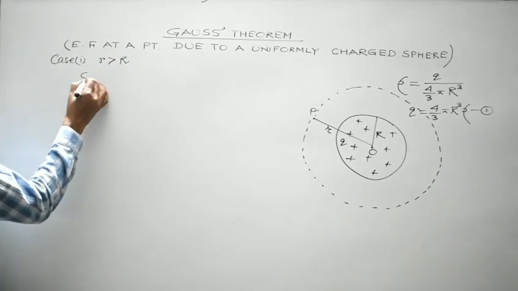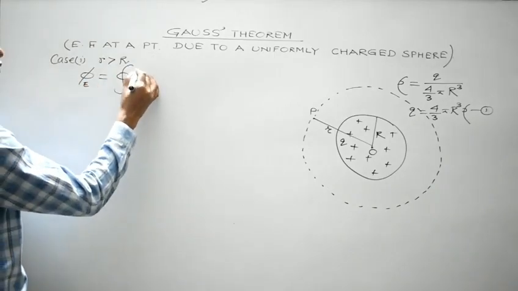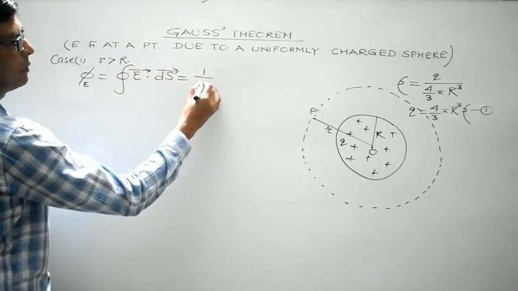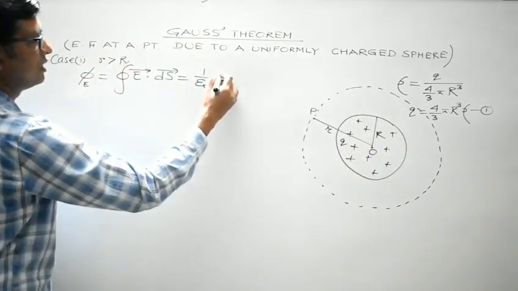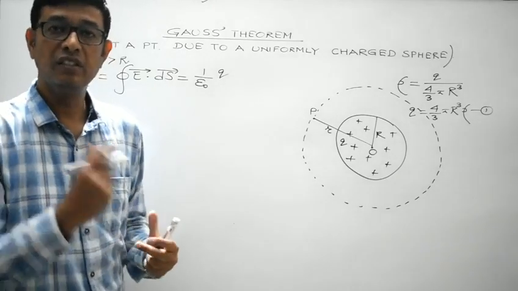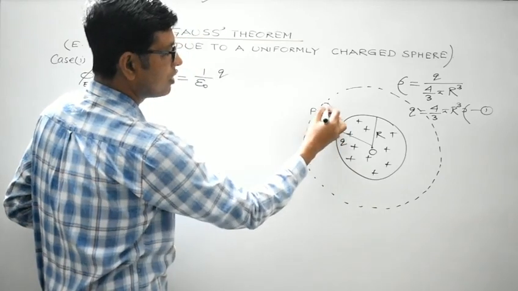The Gauss theorem states that electric flux, which is given by the closed surface integral of the electric field, is numerically equal to 1 by epsilon times the net charge enclosed. Here the charge enclosed is Q, the entire charge. ds is the area vector of the Gaussian surface. Consider any elementary portion.